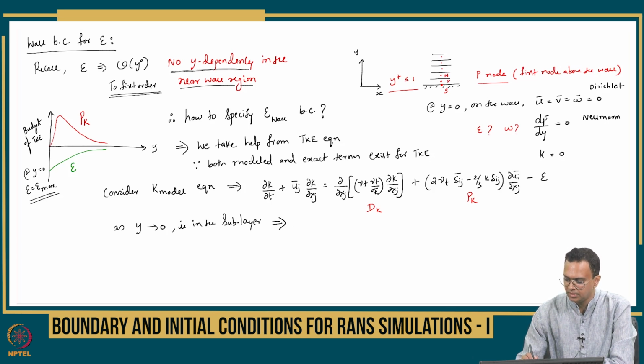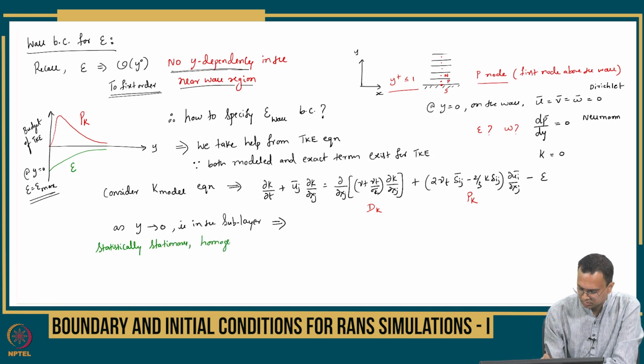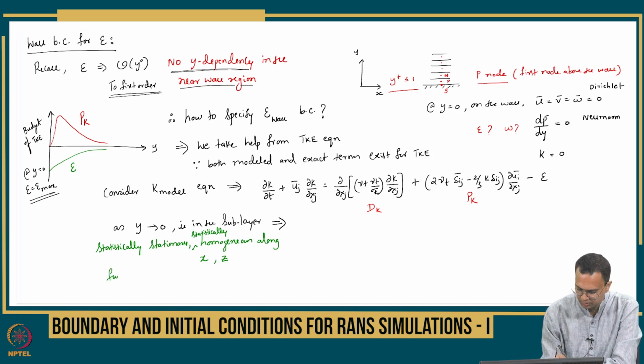And then considering the same conditions as before: statistically stationary, statistically homogeneous along x comma z, fully developed.